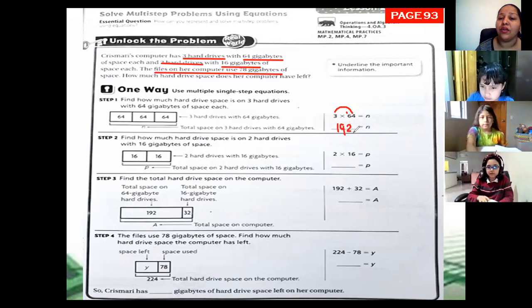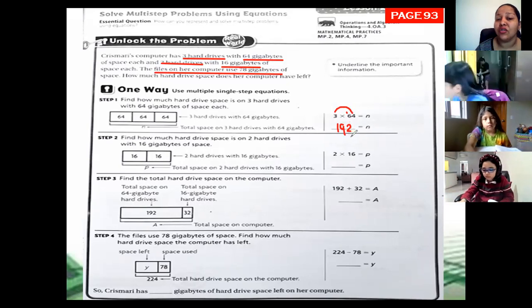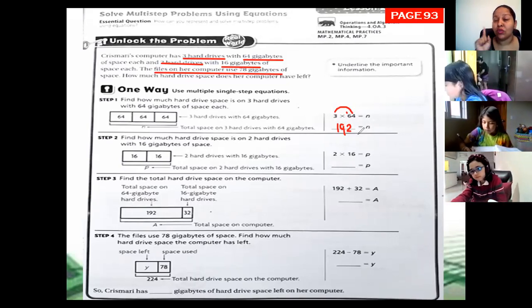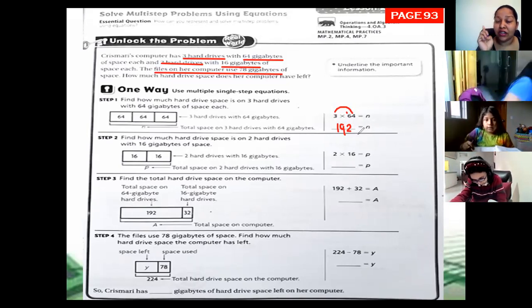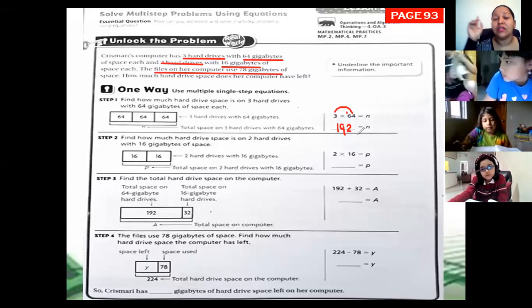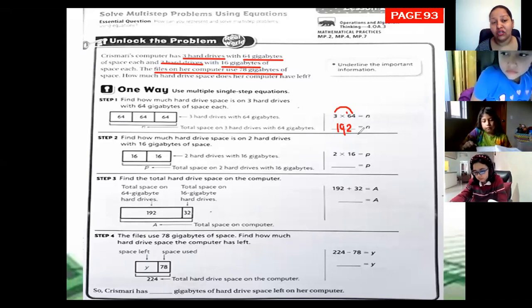So the value of n, the number that I need to find, is 192 gigabytes in 3 hard drives, okay? Remember that here we are multiplying the space in each drive. I have 3 hard drives, and each hard drive has 64 gigabytes.